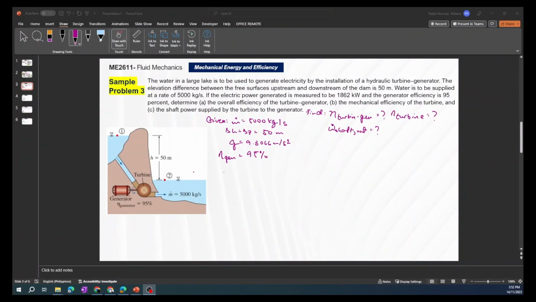Okay, let's start now with our solution. So for part A, to determine it, we just need to establish first our total mechanical energy, or the change in mechanical energy from point 1 to point 2.